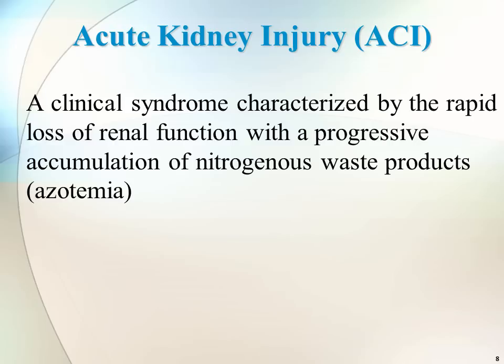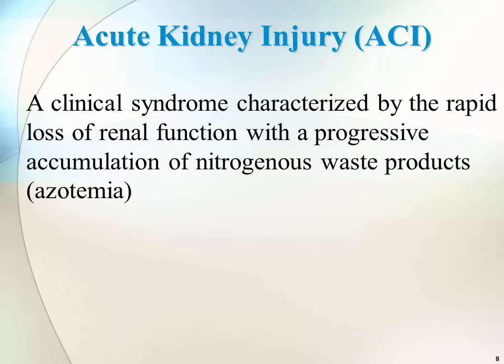That's why the nomenclature changed, because acute renal failure indicates complete failure, as opposed to acute kidney injury, where we have injury and a change in function, so a change in BUN and creatinine and GFR, but not complete failure.